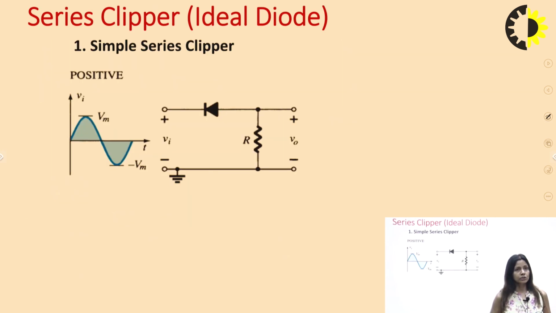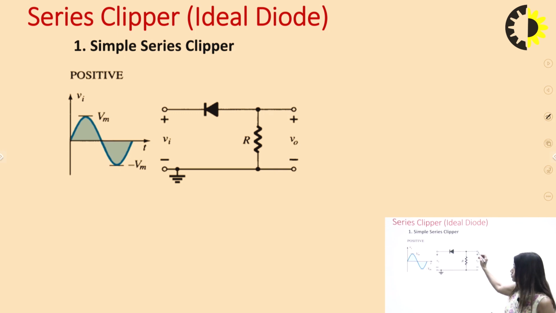Let's suppose a very simple series clipper circuit. My focus is, whenever we are required to find the output across this resistance, we need to mention our positive and negative first.